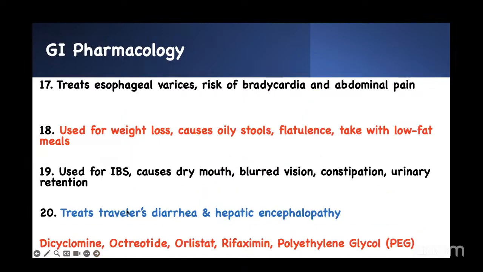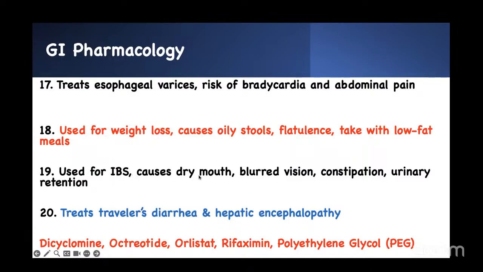And the last group of medication. I use it to treat esophageal varices. There is a risk of bradycardia and abdominal pain. If you take it for weight loss, your stool is going to be oily and you have a lot of flatulence. Therefore, take it with a low-fat diet. I use it for IBS.